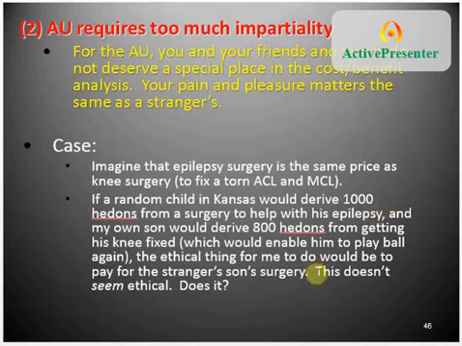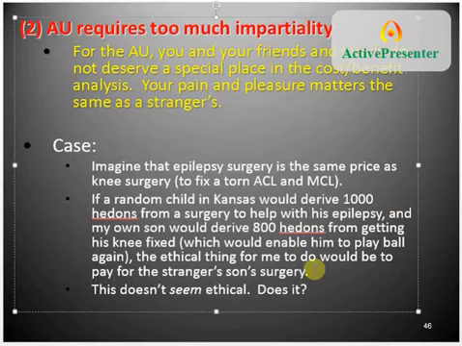Does that make sense? So you have decision A, you pay for your son's surgery. Decision B, pay for a stranger's surgery. And wow, how do we figure this out? Ooh, if you help this kid with epilepsy, you pay for that surgery, he's going to have more pleasure and less pain than your son.